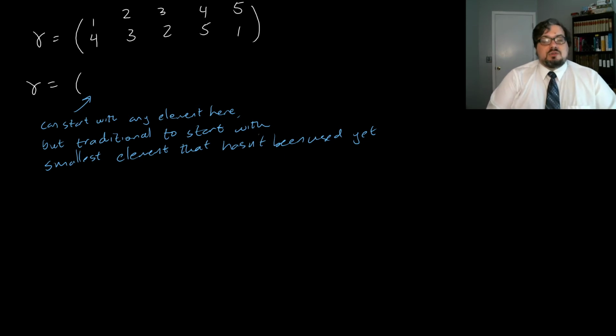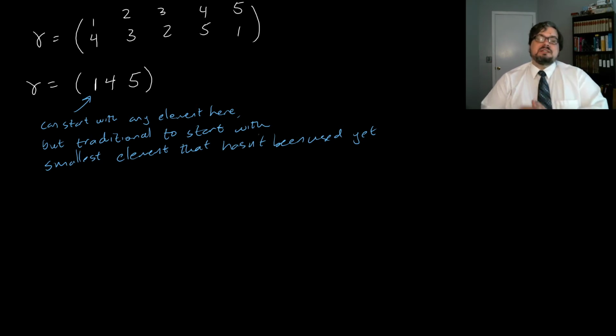So if I want to encode this permutation gamma using cycle notation, I'll start with 1 here. And I'll say, all right, well, there's 1. Well, then where does 1 go under gamma? 1 gets sent to 4. All right, where does 4 go to under gamma? 4 goes to 5. 5 then gets sent to 1. And because 5 gets sent to 1, and 1's what we started with, we close the parenthesis here.